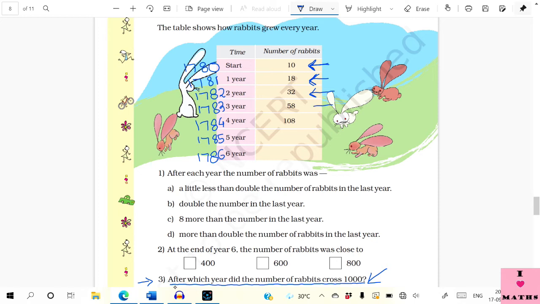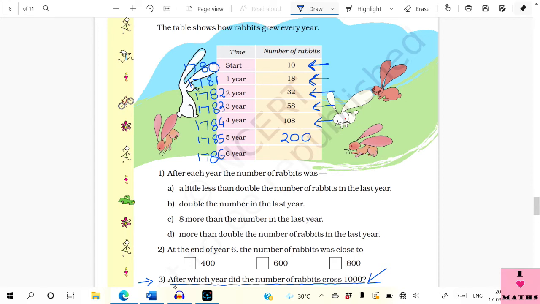In the third year, the rabbits were 58, which is slightly less than 64, which is double of 32. The fourth year, the rabbits were 108, which is slightly less than double of 58, which is 116.